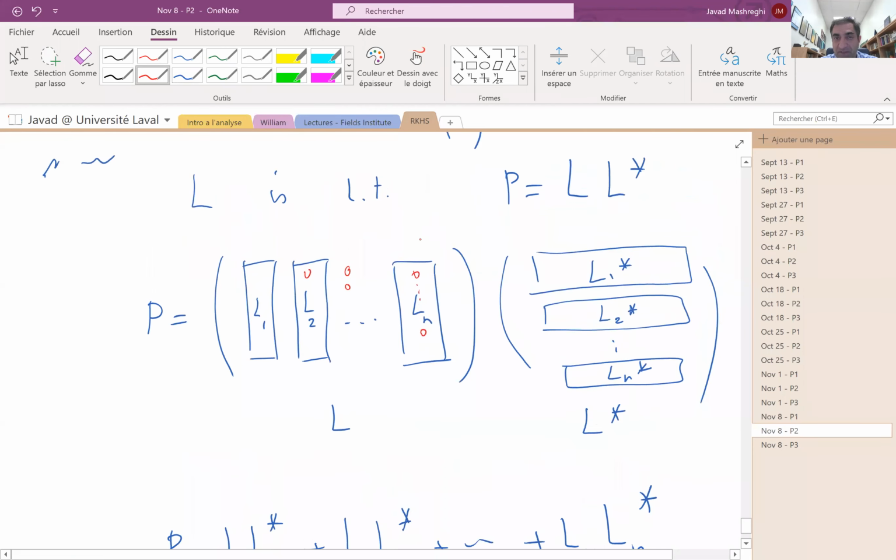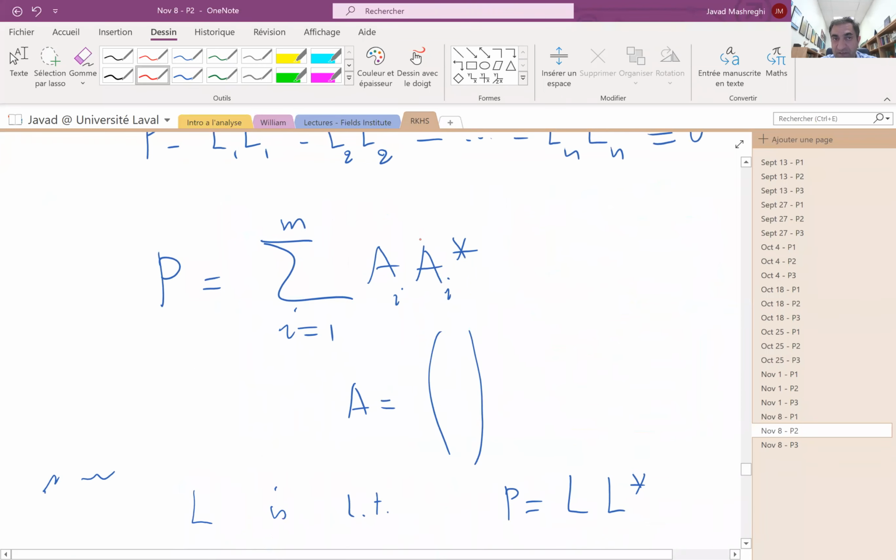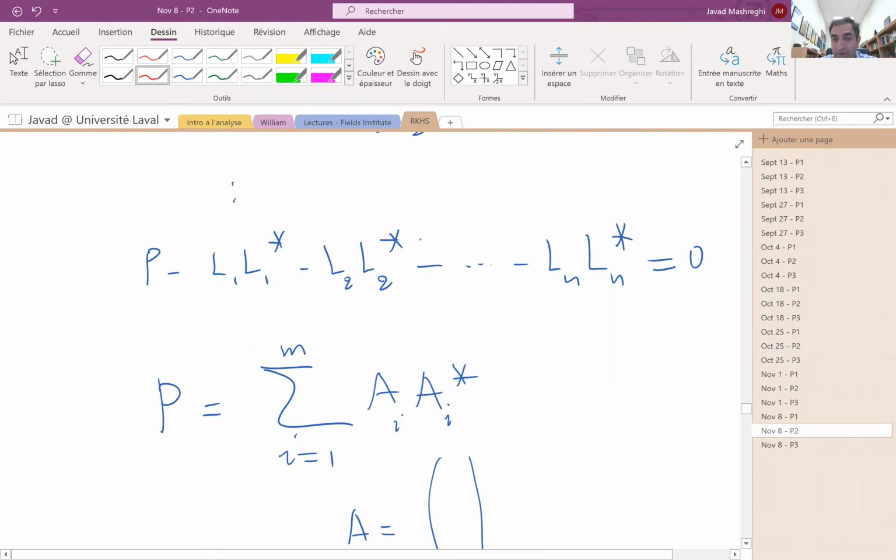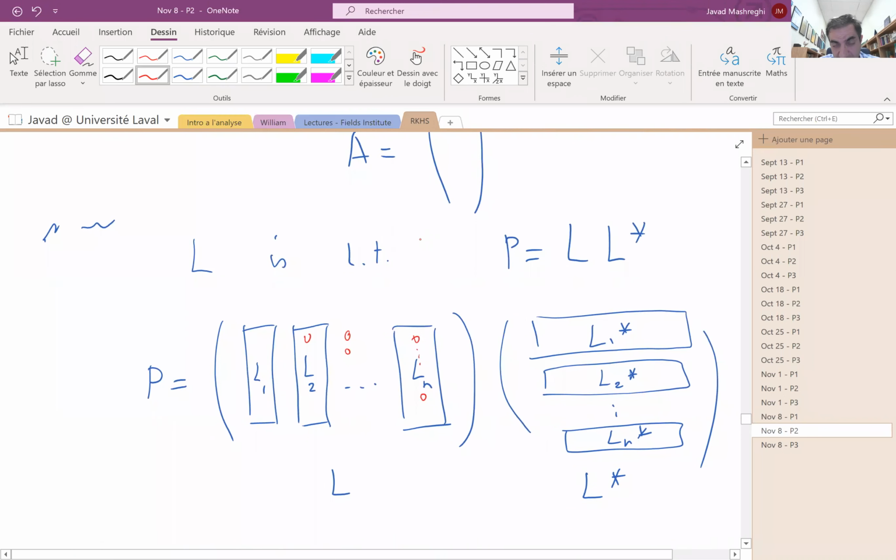This is what I mentioned here, that there is more information inside this decomposition. But it was indeed hidden in the theorem of Cholesky too. But with this algorithm, you really see what's going on. And it's a very fast algorithm to detect if something is positive or not.